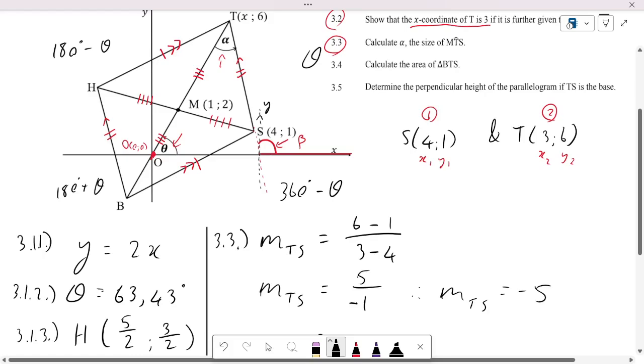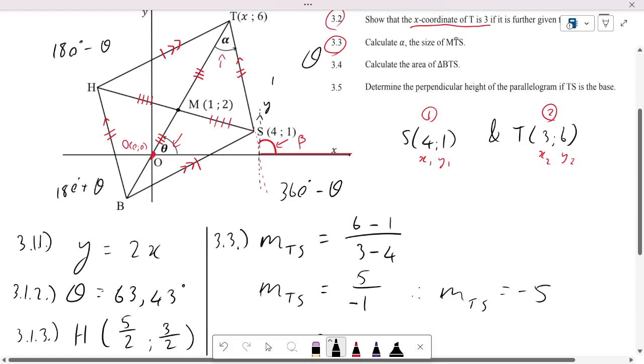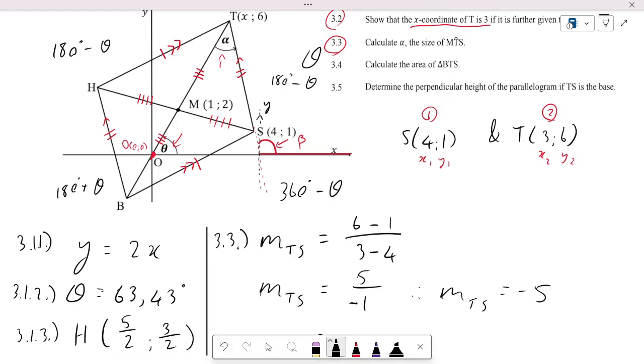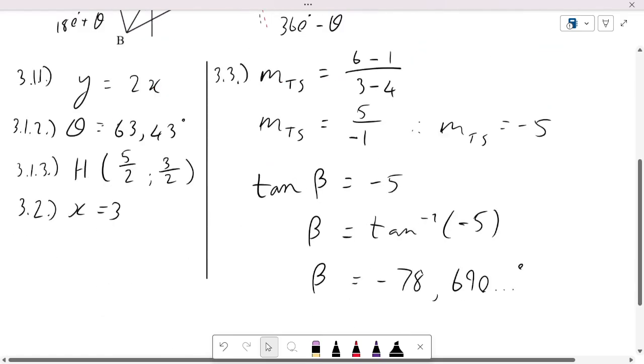So it's going to be either 90 degrees plus theta, or it can actually be 180 degrees minus our theta. The reason why it's 180 degrees minus theta is because it's an obtuse angle, and that is what we know about obtuse angles. It is greater than 90 degrees and less than 180 degrees. And that is why we look at it like this.